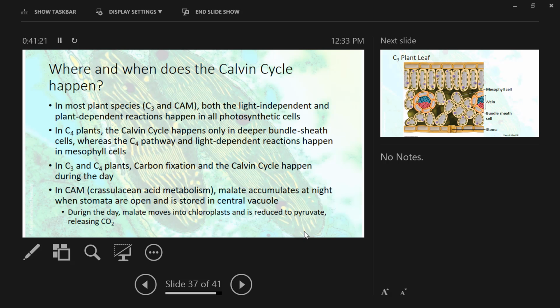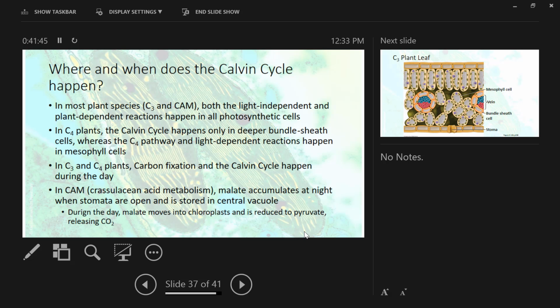Okay. The remainder of the slides on here just show you some of the different anatomy and some of the different mechanisms by which these different plants function. But I'm actually going to close and end our class with this. I just want you to know that for plants that are drought tolerant and have to keep their stomata closed during the day, they have to have some mechanism by which you can separate carbon dioxide from oxygen.